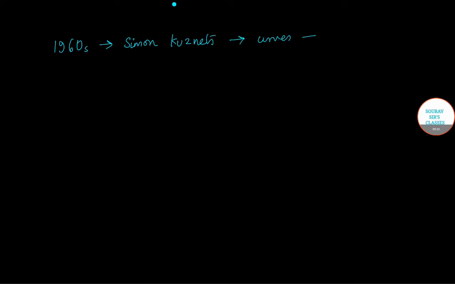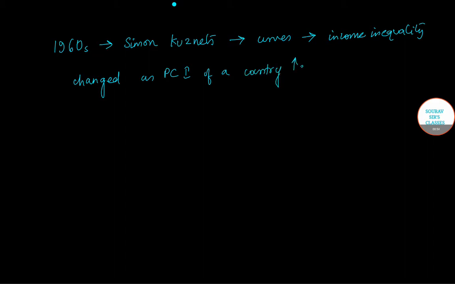Now, a little bit of backstory. In the 1960s, Simon Kuznets, the man behind all these definitions and concepts, developed curves showing income inequality that changed as the per capita income of a country increased.